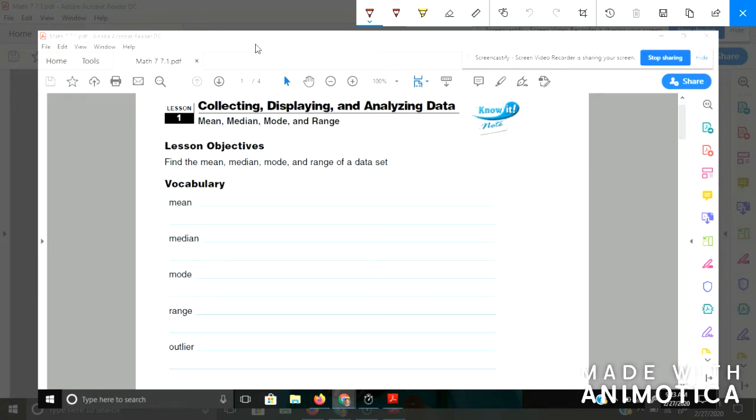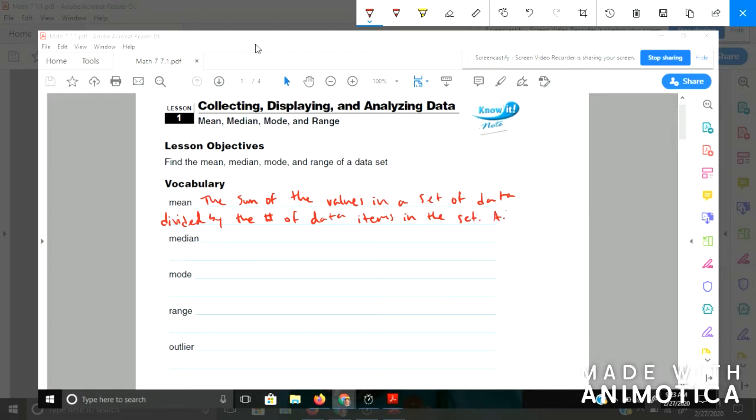The mean is the sum, remember sum means add, the sum of the values in a set of data divided by the number of data items in the set.